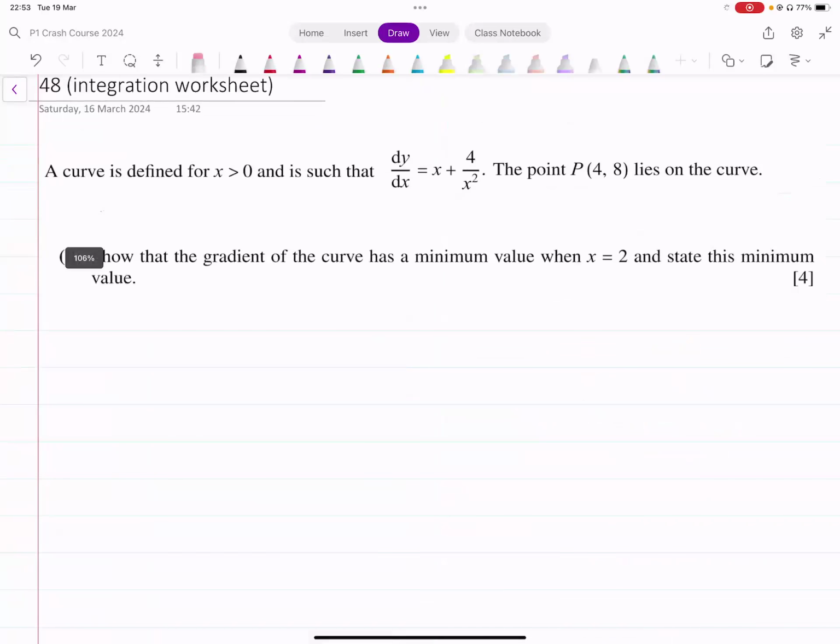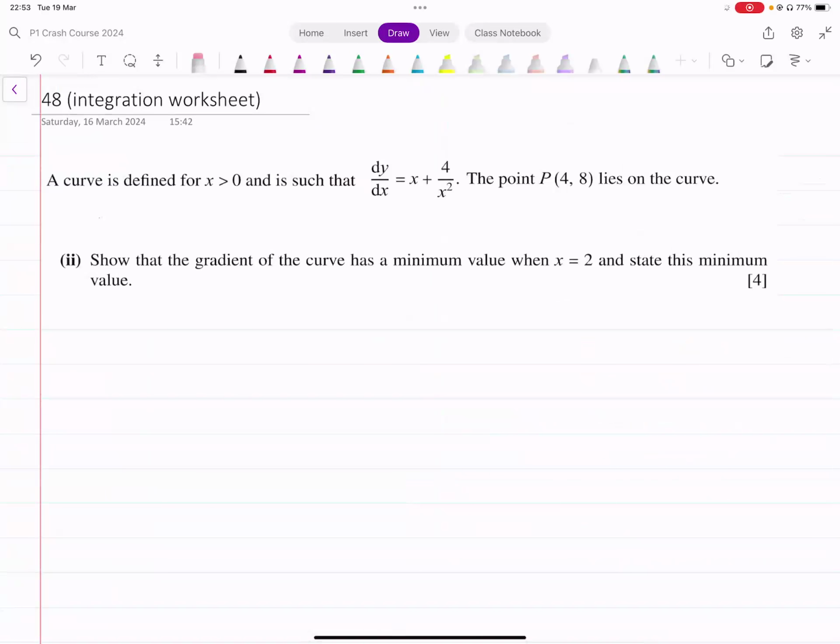Let's try this. It says a curve is defined for x greater than 0 and is such that dy over dx equals this. The point P lies on the curve. What we need to do is show that the gradient of the curve has a minimum value when x equals 2 and state this minimum value.